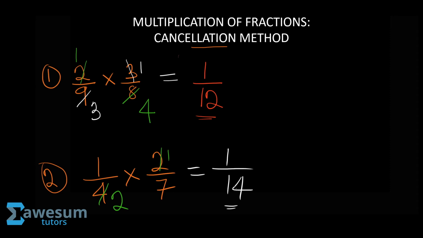Let's take a look at another example right here. Number 3. Four over 9 times 6 over 18.